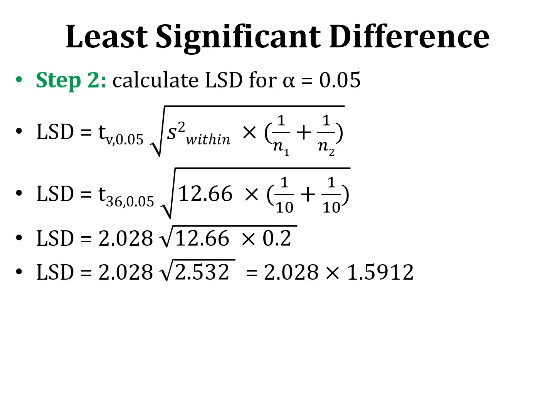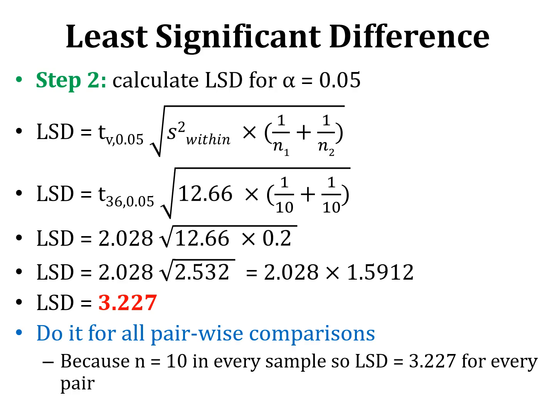So now we have 2.532, which is the product of 12.66 and 0.2. We take the square root of this value, and now we have to multiply 2.028 with 1.5912, and that is going to be our LSD at 0.05 significance level, right? So LSD here is 3.227, which is the least significant difference.